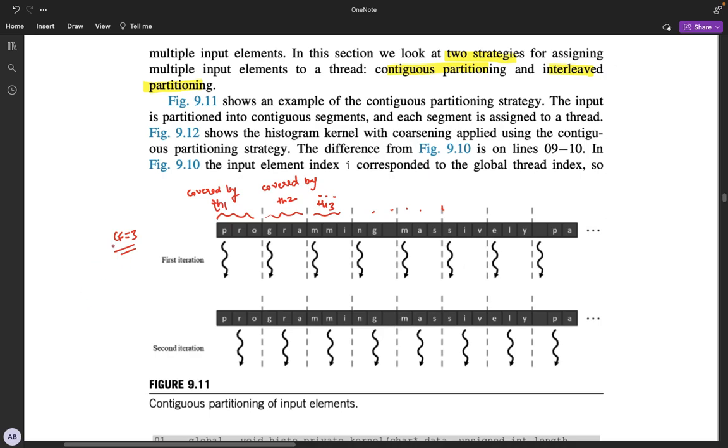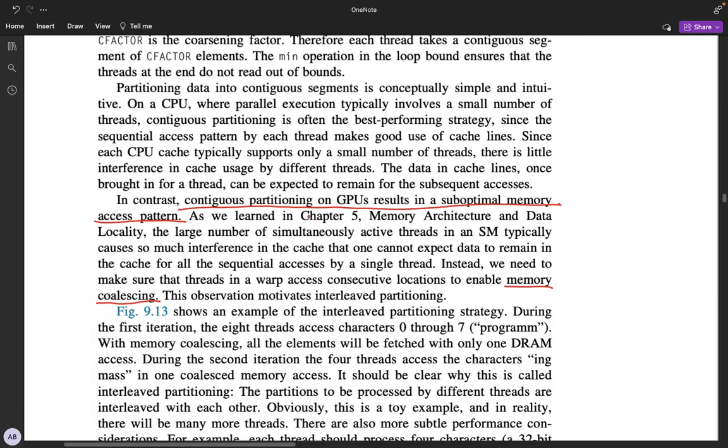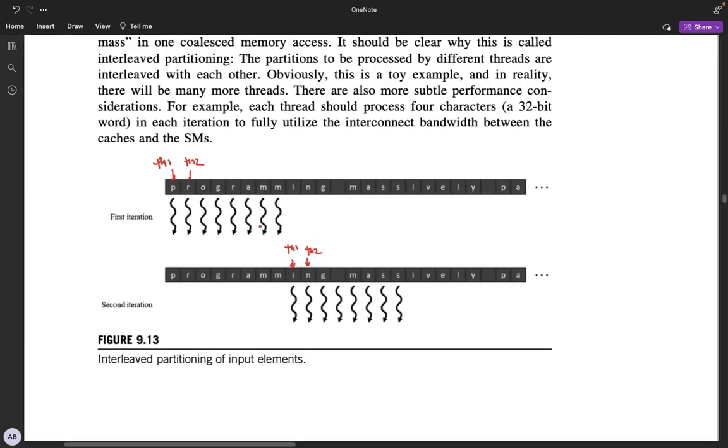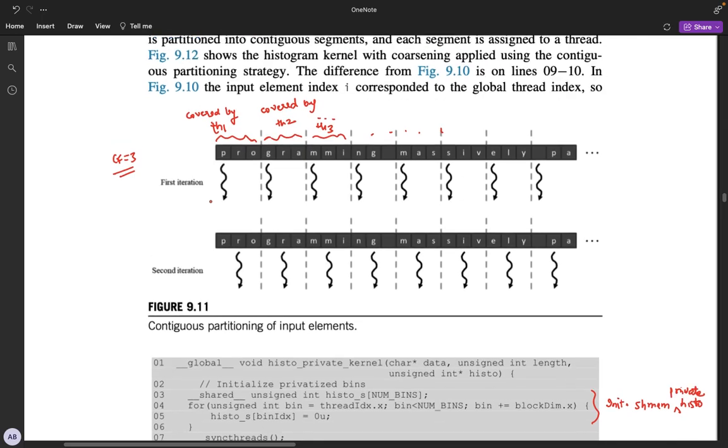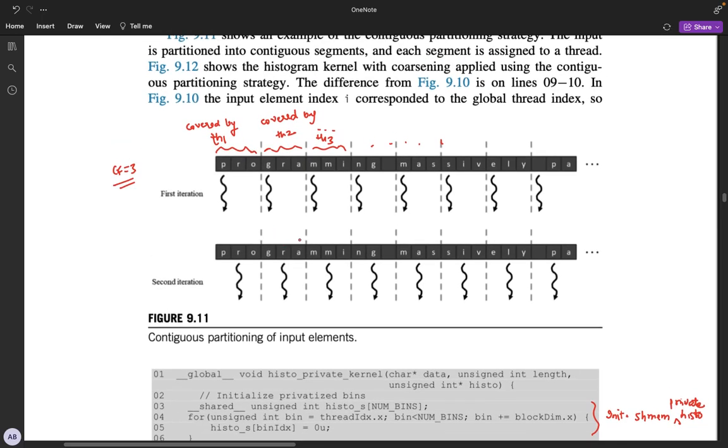In the continuous partitioning scheme, each thread is responsible for covering continuous data elements, so the same thread operates on continuous data points.